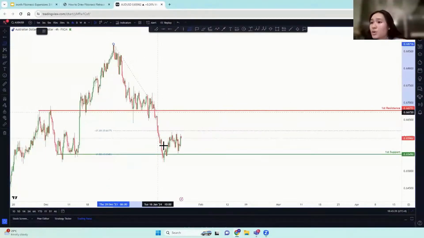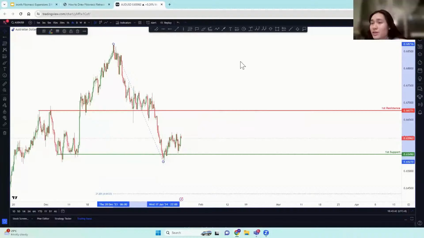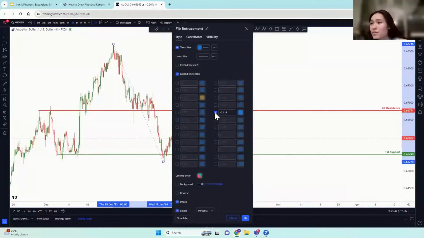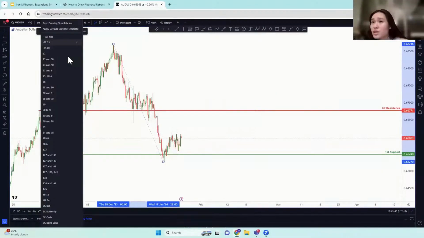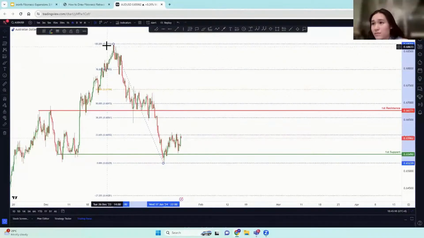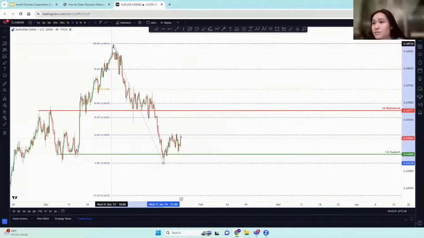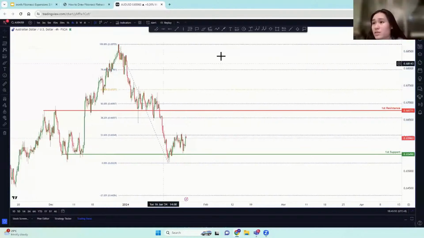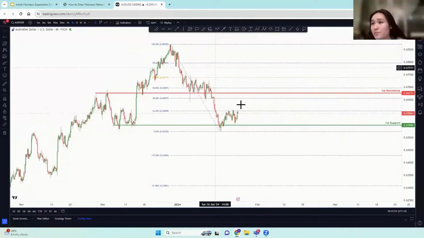Going in once again with our retracement level, I like to look at all the Fibonacci levels first and then see what matches up.